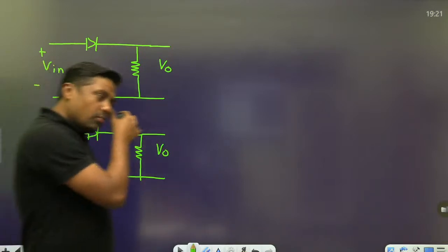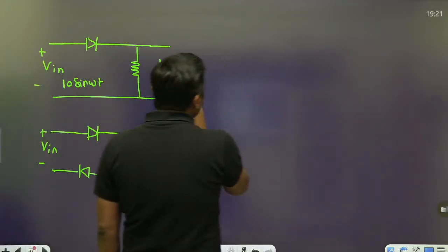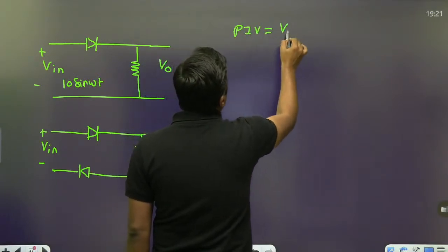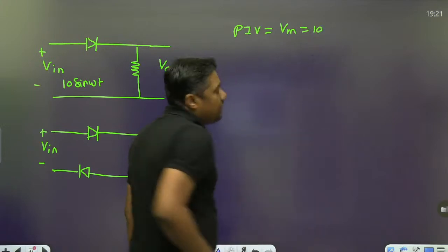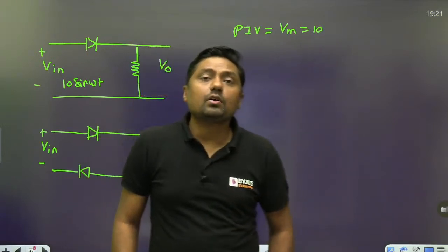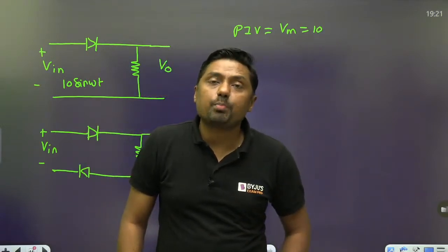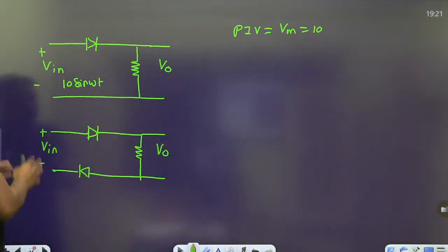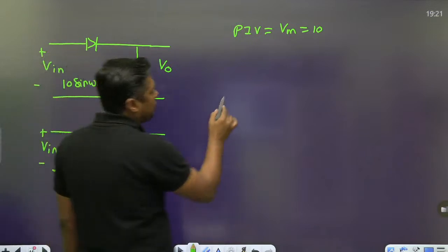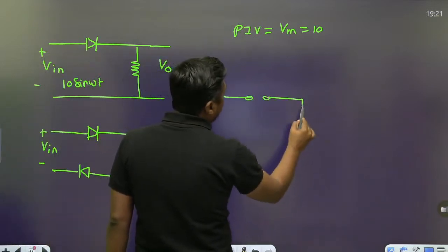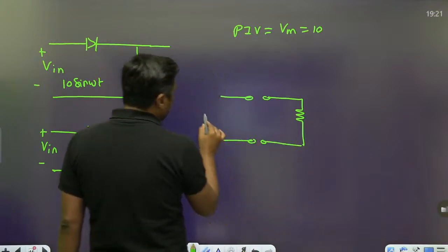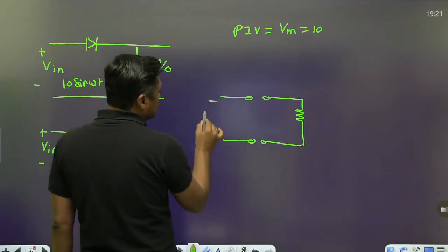then PIV, peak inverse voltage, will be Vm, that is equal to 10 volt. PIV means the maximum voltage appearing across the diode when the diode is reverse biased. But in this case, when I am finding the PIV, both the diodes are off when we are applying the negative voltage, minus 10 volt.